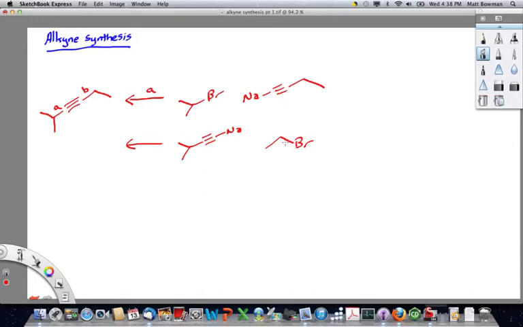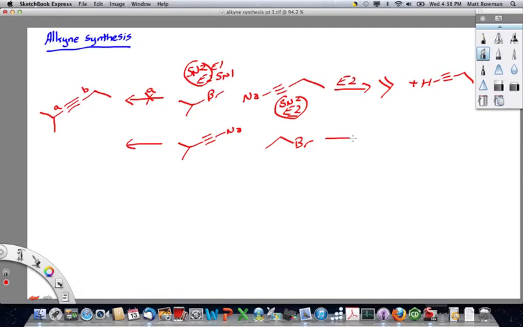Which choice is better? Well, this does SN2 and E2. This does them all: SN2, E1, E2, and SN1. SN2, E2, SN2, E2, tie goes to E2. So this does not really give this as the major product. Instead, it gives you E2 as a major pathway, and not the product that you want.